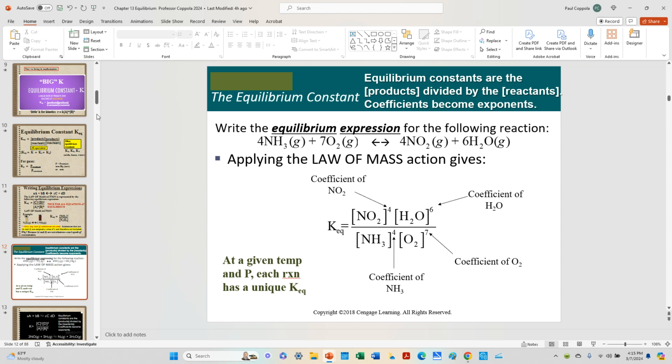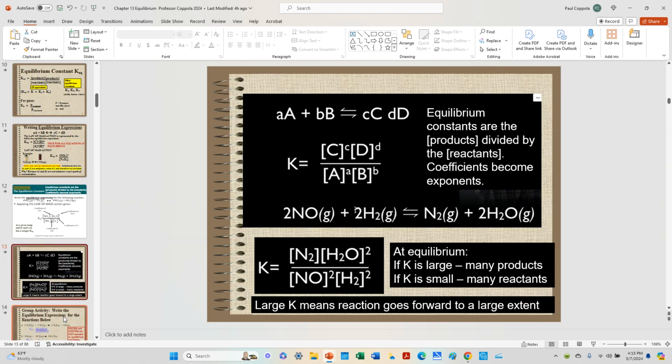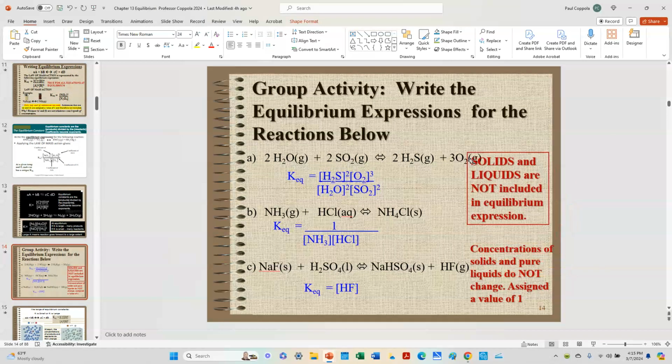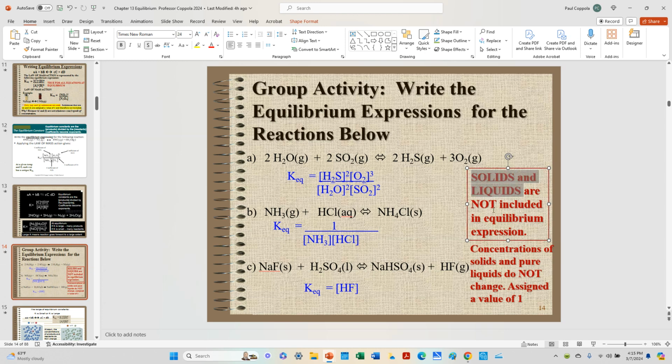Alrighty, let's go to slide 14. Yeah, and this was a little practice. The thing that we wanted to remember is that, like I was saying before, solids and liquids are not included.